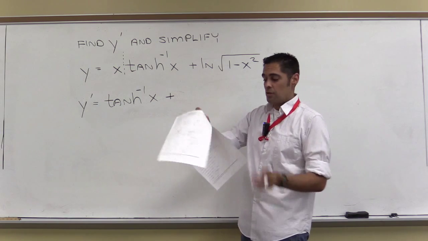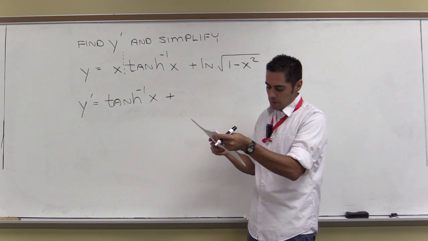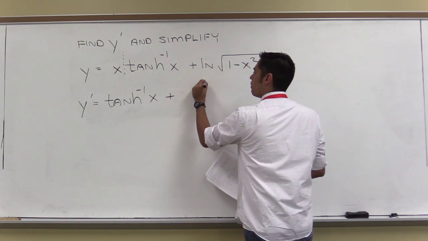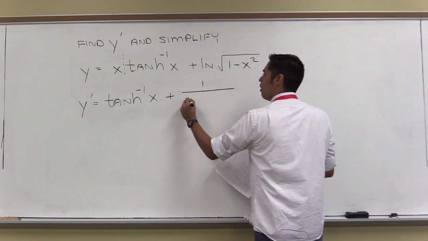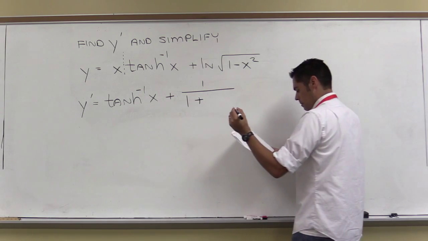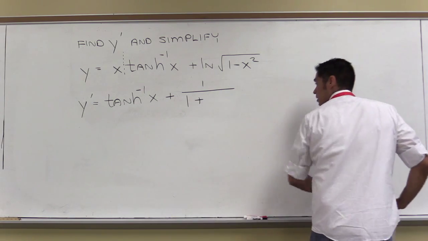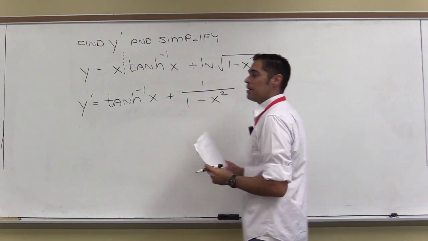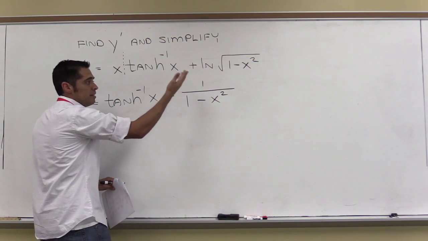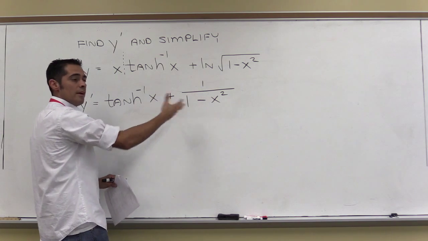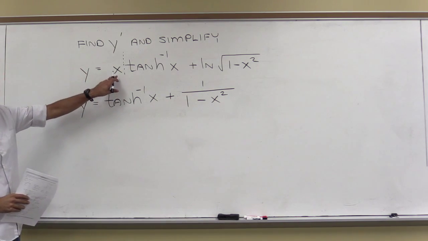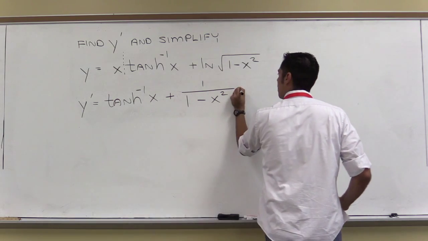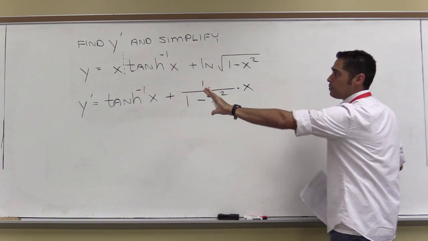Page 5 has all these derivatives, and it's formula number 33. And it says it is 1 over 1 minus x squared. And in this particular problem, because the argument is x, then it's directly the formula. There's no chain rule that has to occur. But then we have to multiply by the x for the product rule. So I'll just tack that on times this x. So that's done with the product rule.